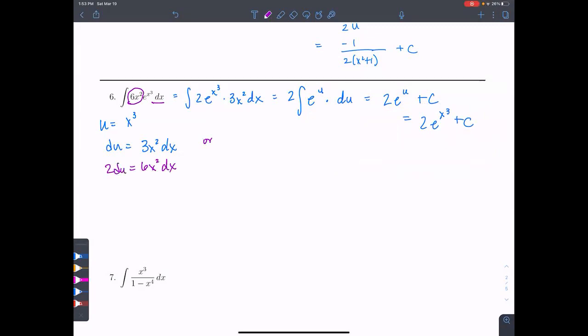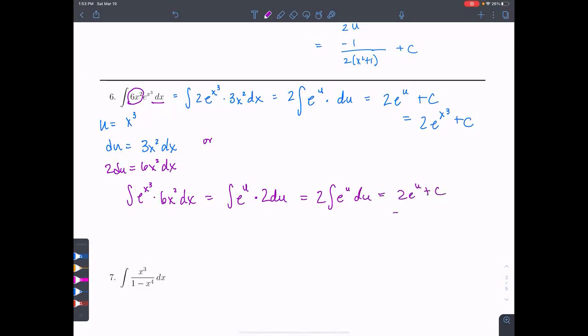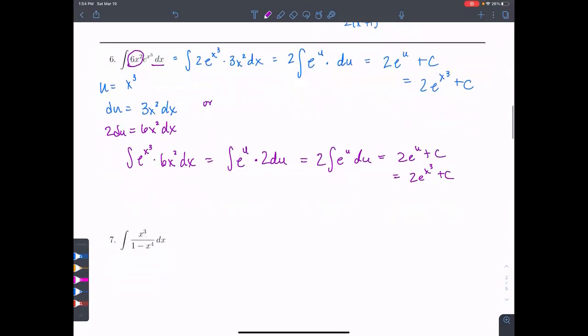And then you can actually make that substitution. So you would have e to the x cubed times 6x squared dx, and that would be equal to the integral of e to the u times 2 du. And then just pull that 2 out and do the integral of e to the u du, which would be 2e to the u plus c. And then that's 2e to the x cubed plus c. So that's a thing you can do too.